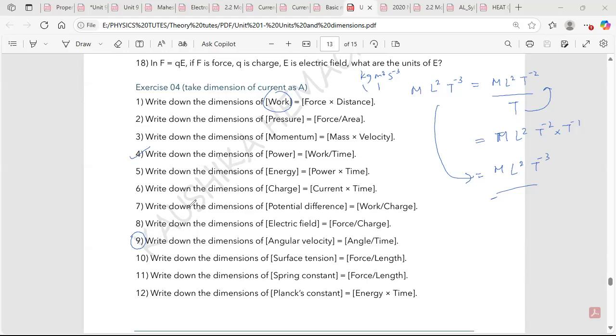So this is dimensions, right? Find the dimensions of angular velocity, which is angle over time.